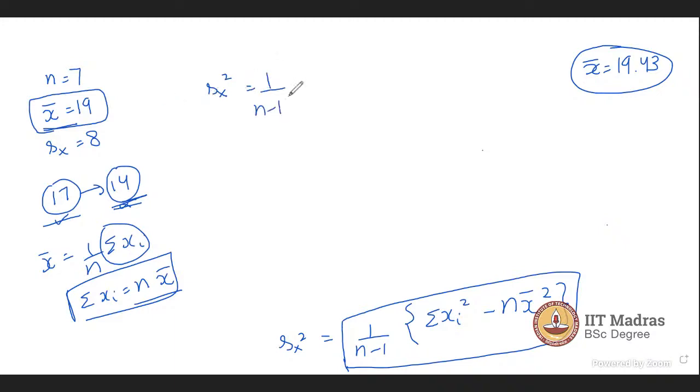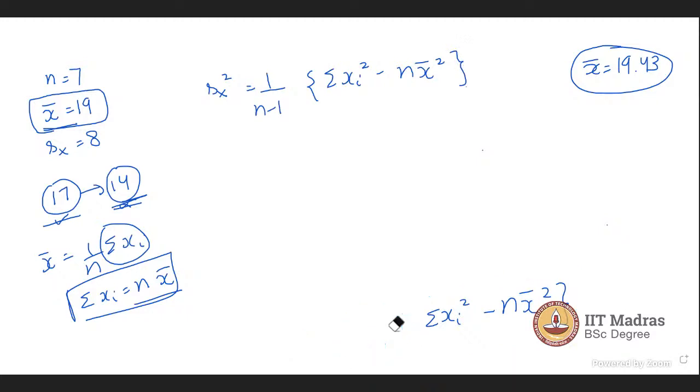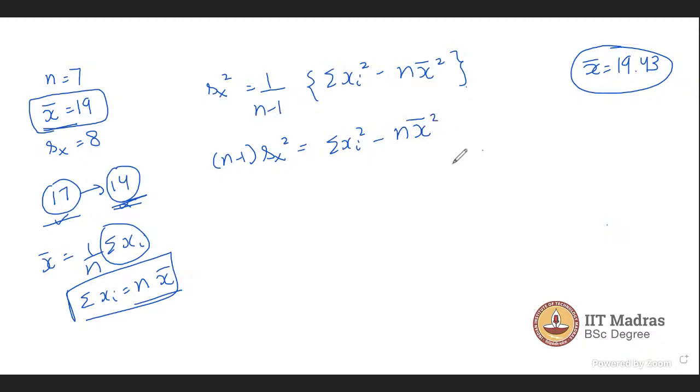So we have to use this one. Yeah, we will use it. Let's just remember the formula for a bit. Okay, so this is the formula which we have obtained. Let's take n minus 1 that side, so s square times n minus 1 equals summation xi square minus n times x bar square.